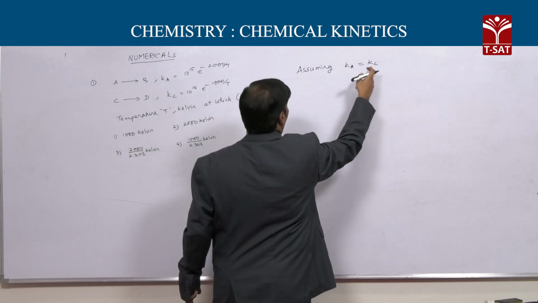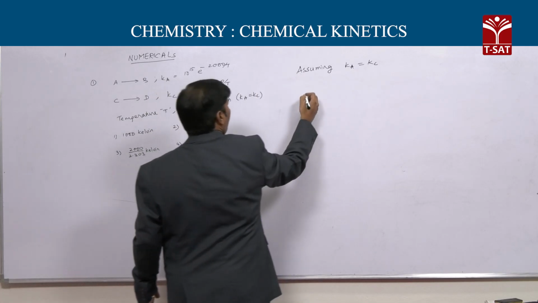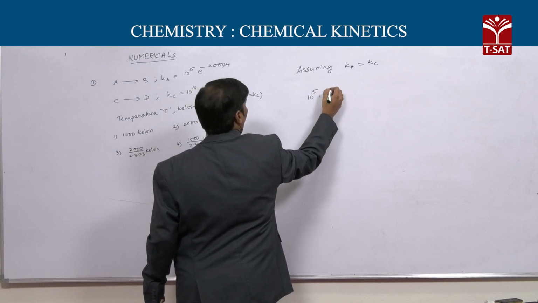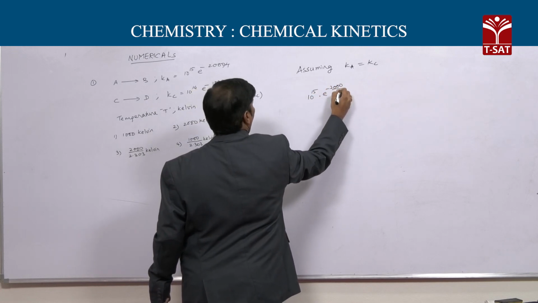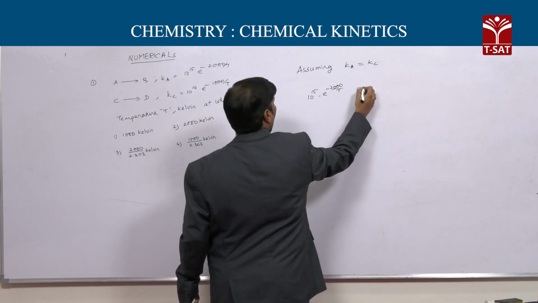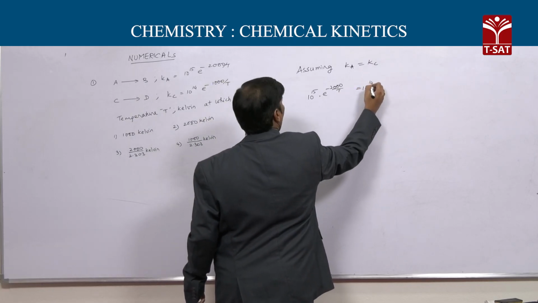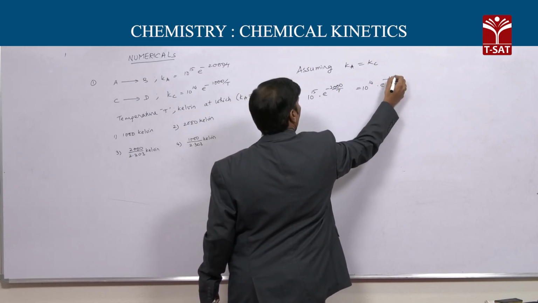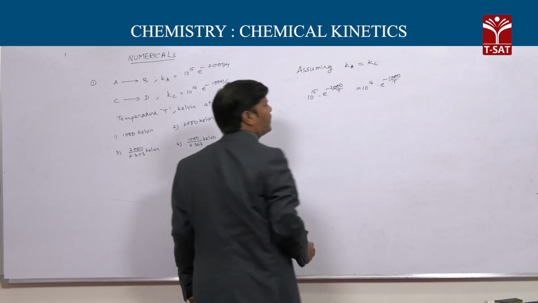If Ka is equal to Kc, for Ka we have the expression 10 to the power of 15 into exponential of minus 2000 divided by temperature, which is equal to 10 to the power of 14 into exponential of minus 1000 by temperature.